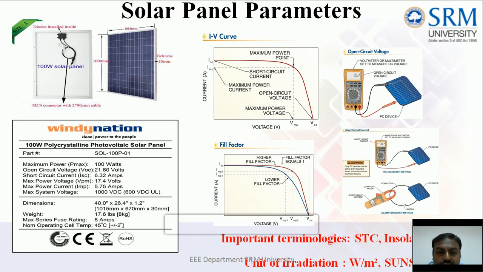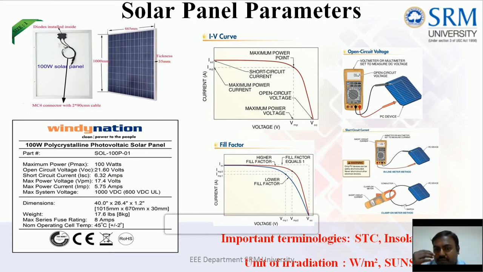They can divide VMP by IMP and fix the R value. By fixing the R value, they can take a potentiometer and connect it across the PV panel.